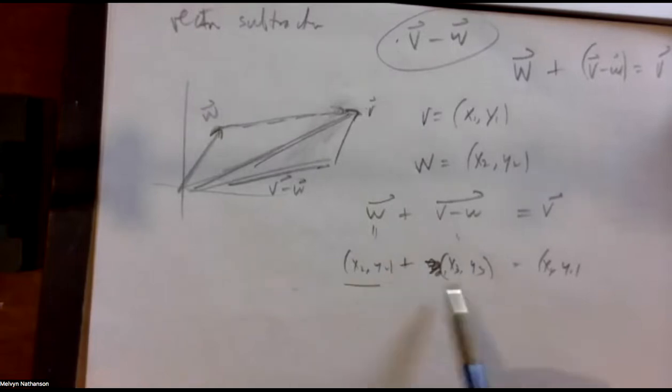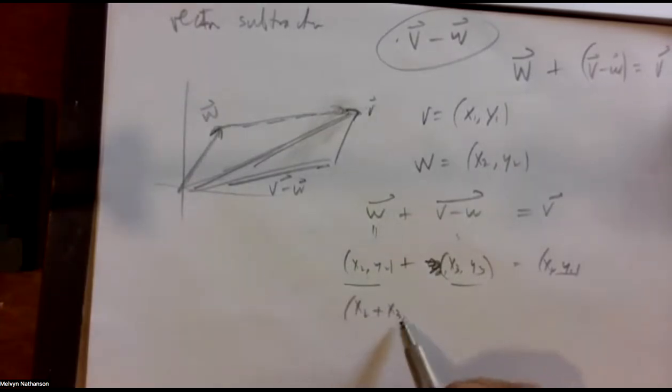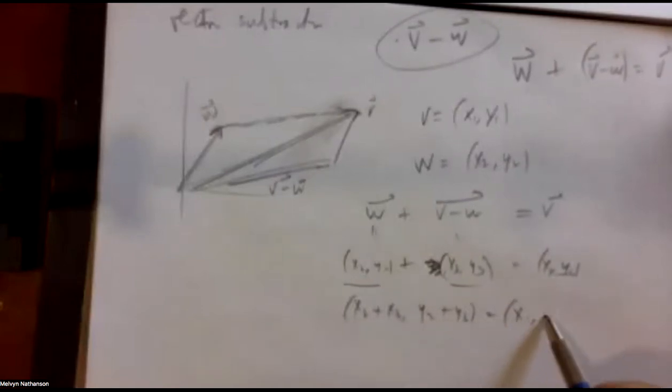So we want this plus this to equal this. But what is this plus this? You add coordinates, you get (x2 plus x3, y2 plus y3) equals (x1, y1).